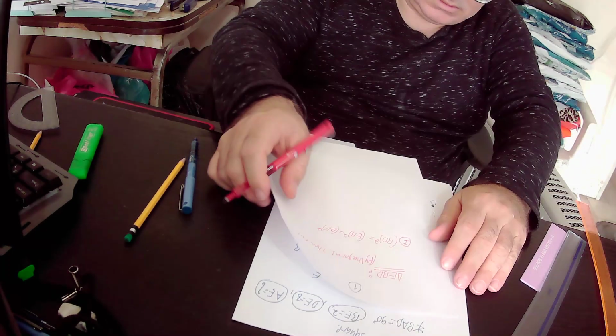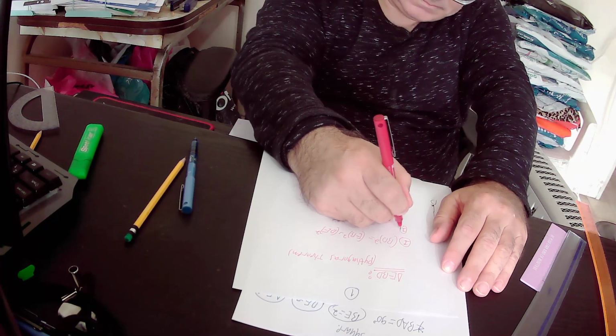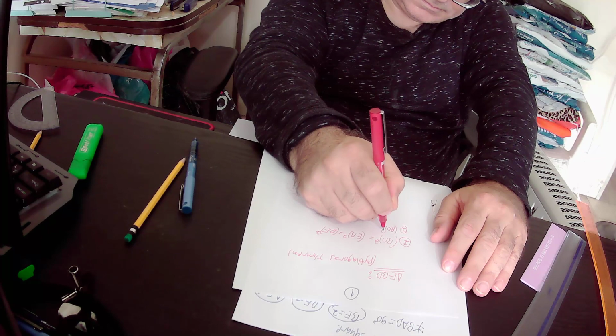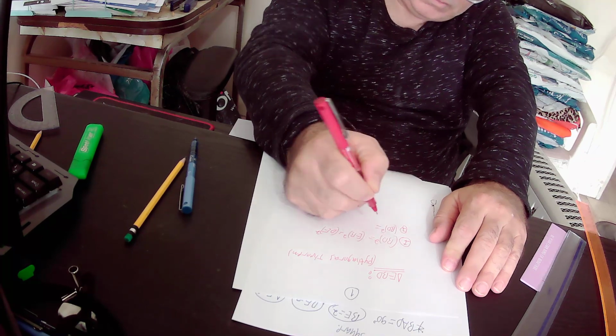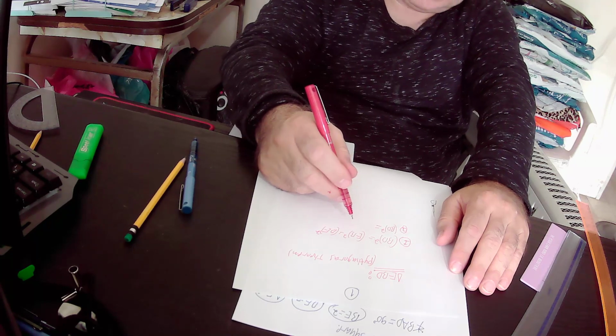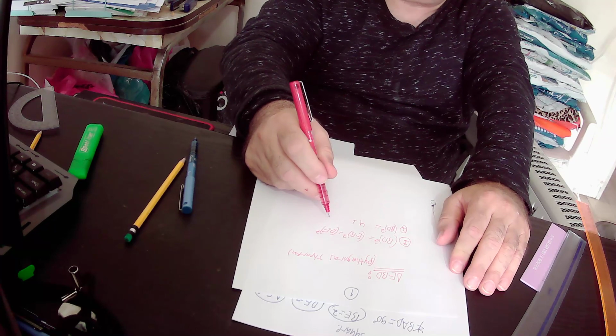And so BD square equals EB square. We know that EB equals 2 units, so EB square is 2 square, which is 4, plus DE square.